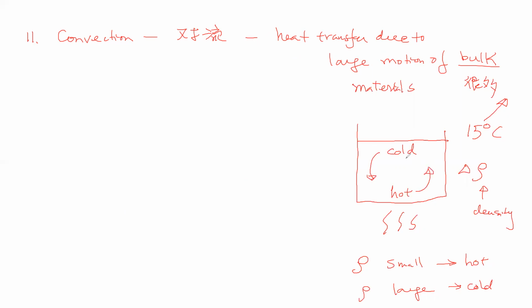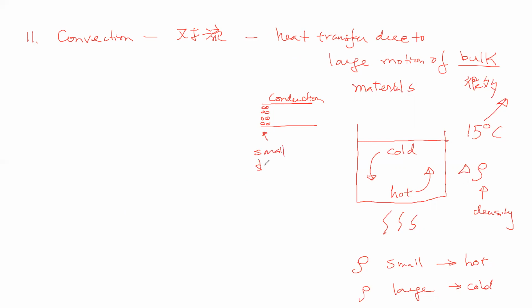So this motion of water particles, and it's a lot of water particles, right? It's not like conduction. Conduction is only, like, let's say you have this conductor, and it's between this atom and the atom that they are colliding with each other, right? So this is conduction. 热传导, right? So they're just neighboring. This is neighbor, small distance, right?